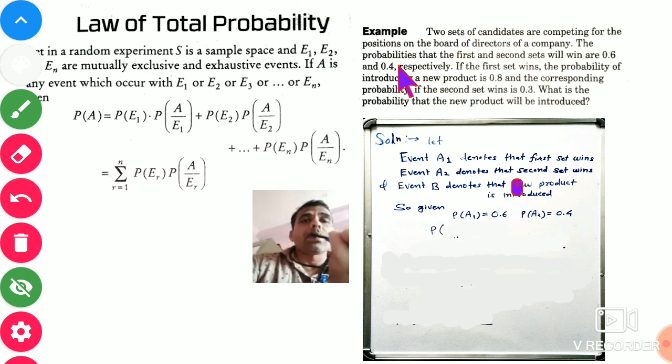Now what is the probability of the new product being introduced? If A1 wins, you have to apply conditional probability.